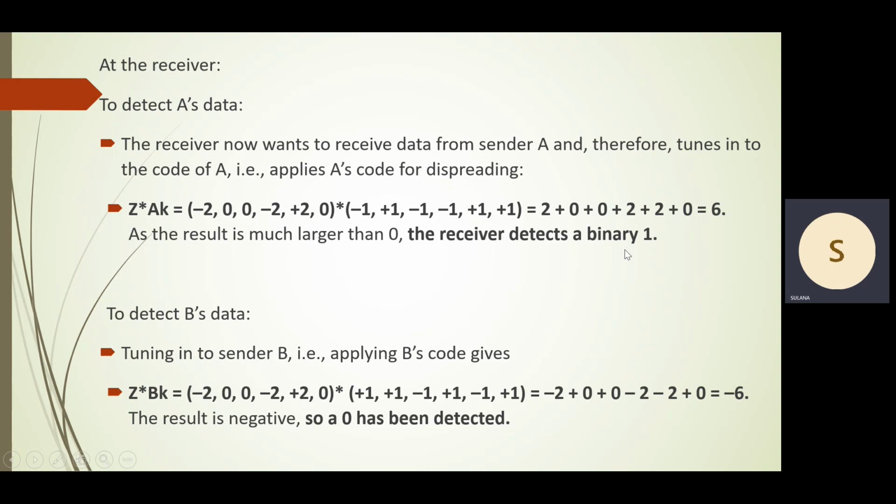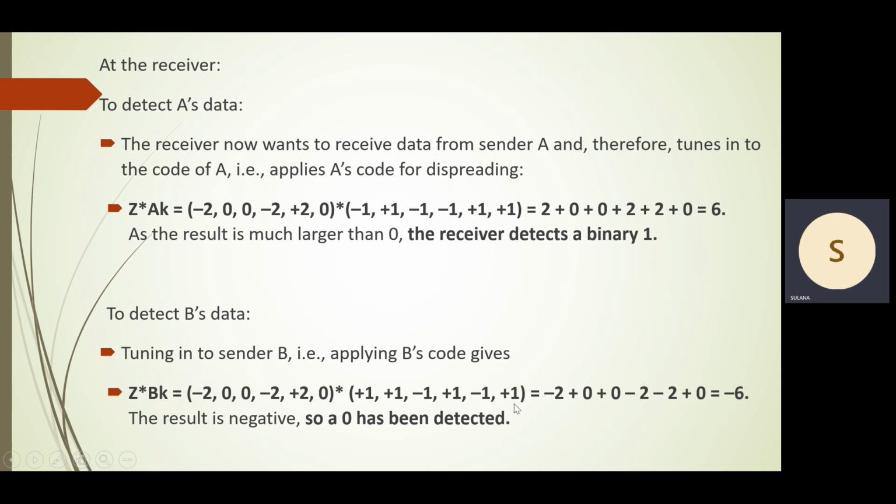Now, in order to detect what the sender B had transmitted, the receiver needs to take Z, the received signal, and multiply it by B's key. So Z is -2, 0, 0, -2, +2, 0.